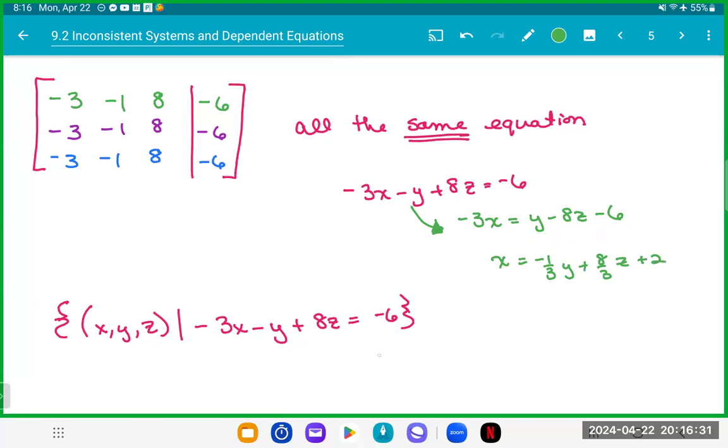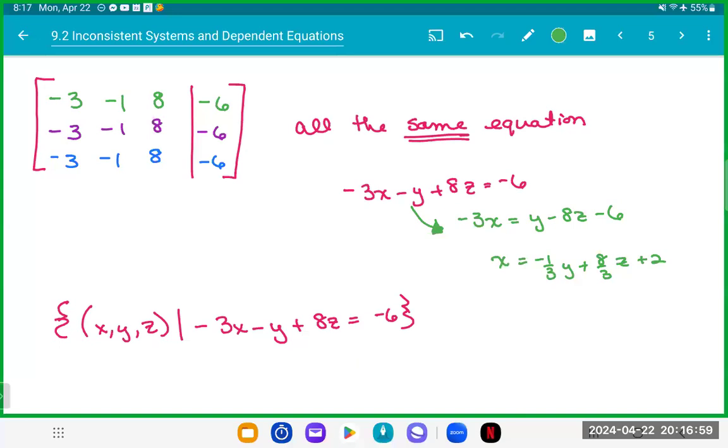And so we could have written everything in terms of a different variable, right? Probably the easiest way here is that you'll want to just leave it in the x, y, z formula.